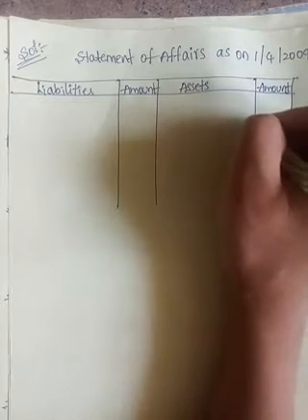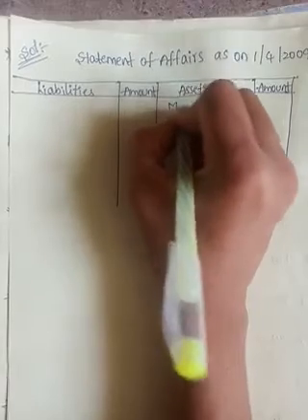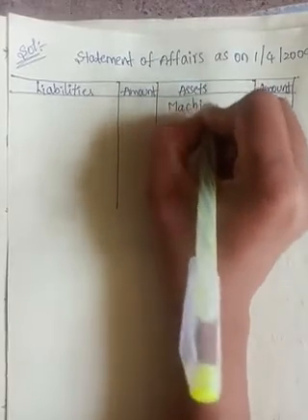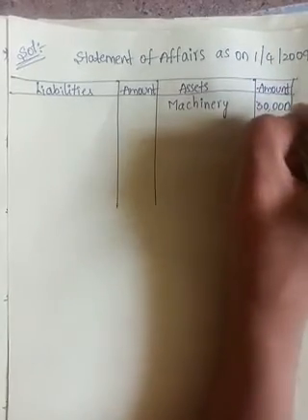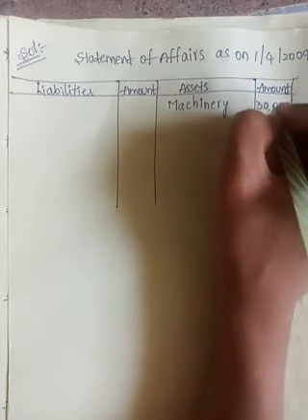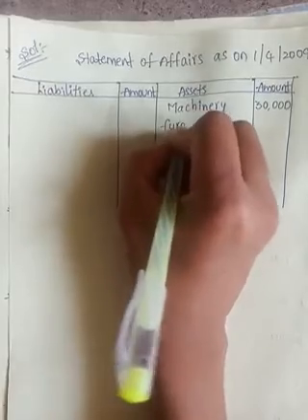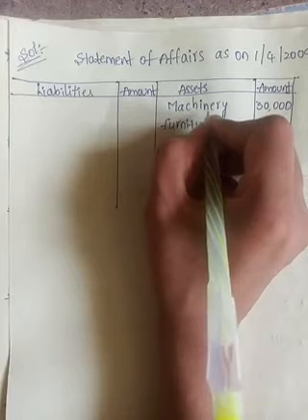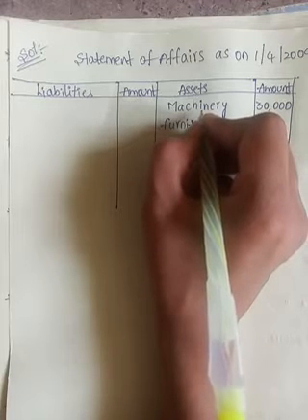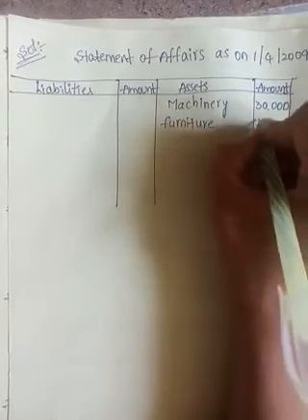First, coming to the asset side: machinery 30,000, furniture 15,000.